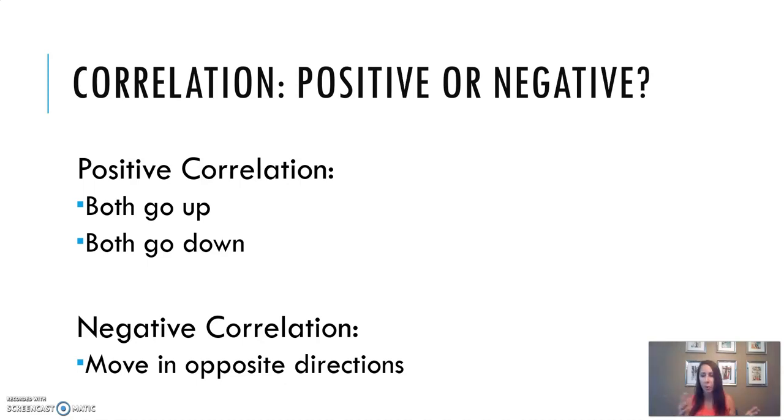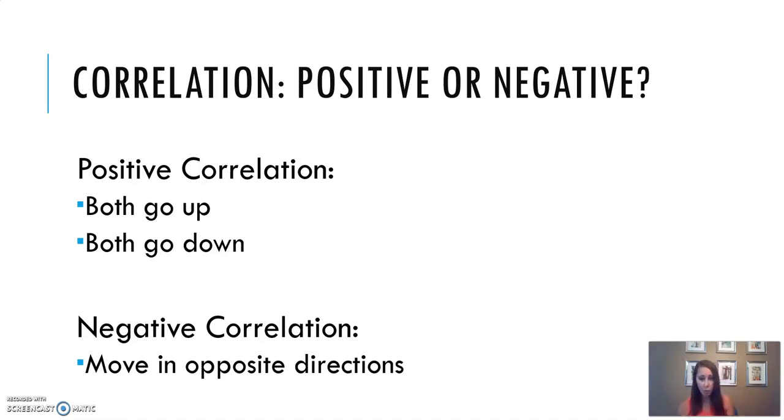And I don't know if that's what the current research is saying, I'm just trying to think of an example to use. But we would be saying that we have two things that are both going down, right? Less screen time and less irritability. And the common sense conclusion might be, oh, that's a negative correlation since we're talking about things going down, but it's not. It's still a positive correlation because they're both going down together.